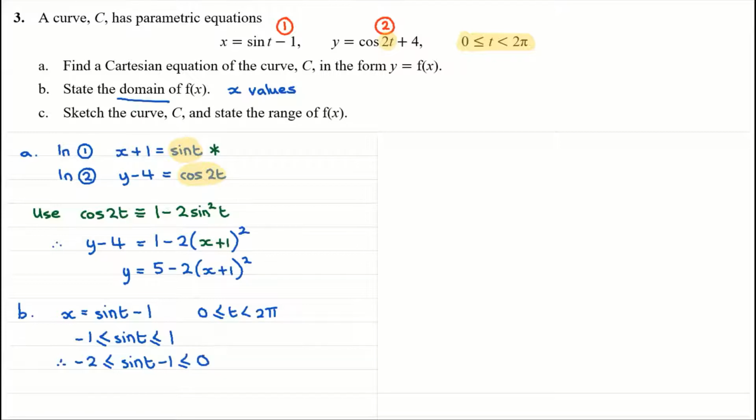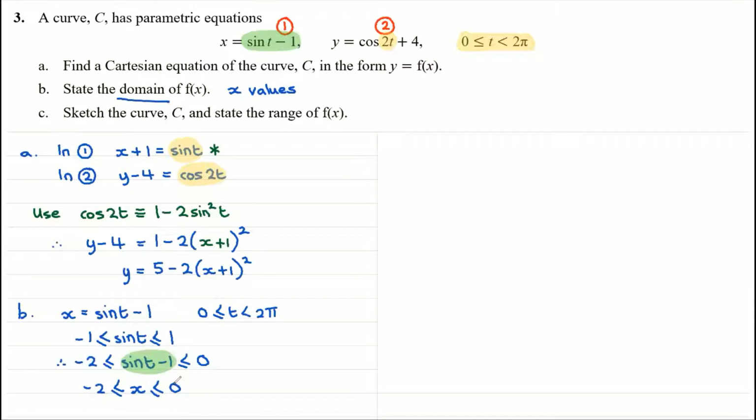And just once again, just to remind you, I've subtracted 1 because that's how x is defined. Okay, so that's got us the domain. So the domain would be from -2 up to and including 0.